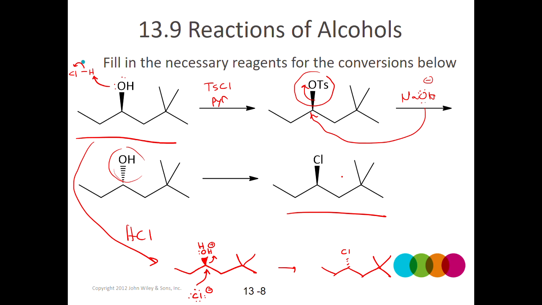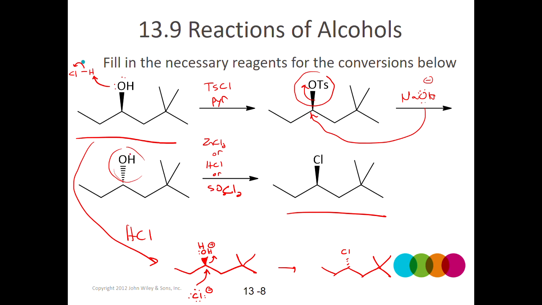Then if I want to replace that with a Cl, I've got a couple options. I've got the zinc chloride option. I've got HCl as an option. I've got SOCl2 as an option. Those are all reactions we just talked about, so you can look back at those and understand their mechanisms, but each one involves typically an SN2 in the last step.